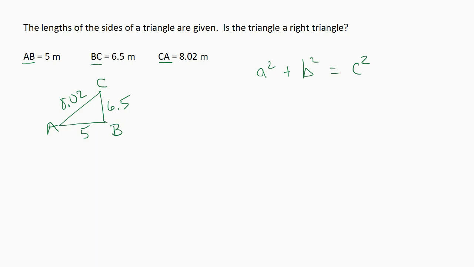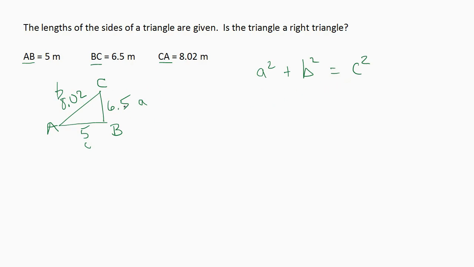Now according to the convention I showed you earlier in the lesson, if this is vertex C, this must be side length C, lowercase c. If this is vertex A, directly across from it should be side length A. If this is vertex B, directly across from it is side B, lowercase b. But that doesn't really line up with our equation.